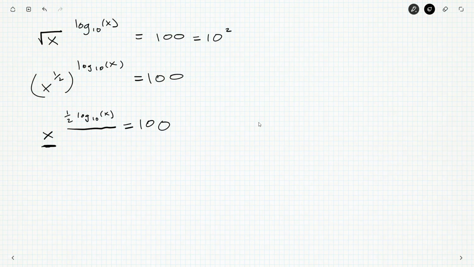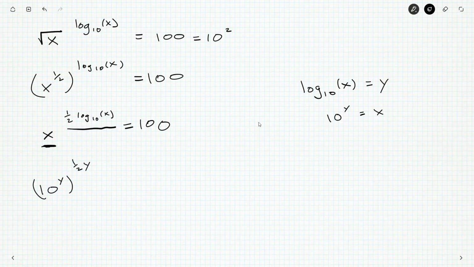Now, log base 10 of x, if we call that, I don't know, y, that means that 10 to the y is equal to x. So I suppose I could replace x here with 10 to the y, and this with 1/2 y, equal to 100.